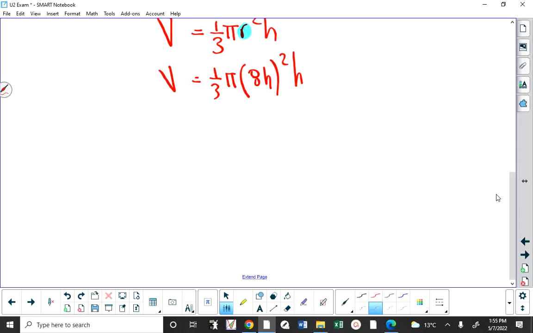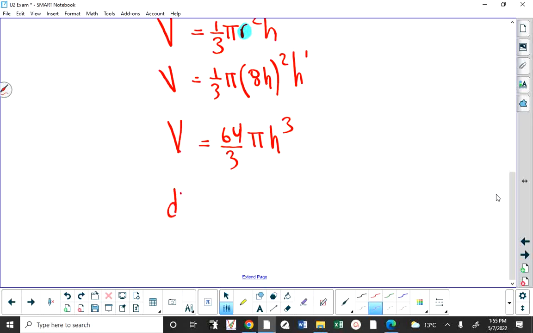We simplify this first before we differentiate. I've got the over 3 part. I've got the pi. When I square 8h, I get 64h squared, and h squared times this other h is h cubed. All I have to do now is differentiate this equation with respect to time, do a little bit of substitution, and then basically be done with it.